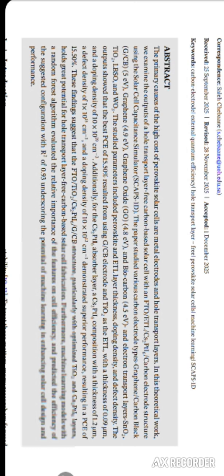This type of solar cell is distinguished by its low cost and its stability, because of the use of carbon and because of the removal of the hole transport layer.